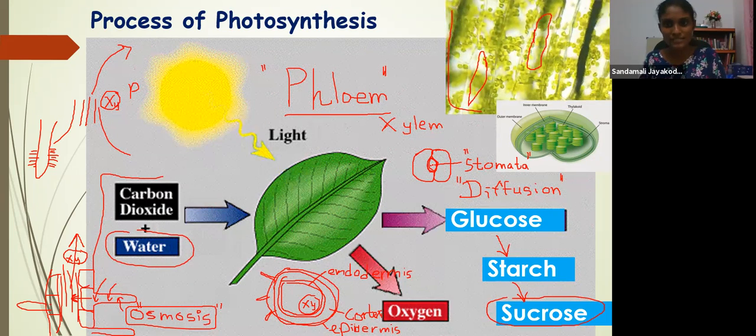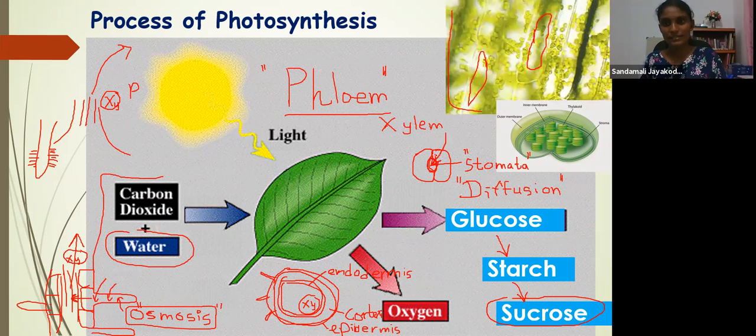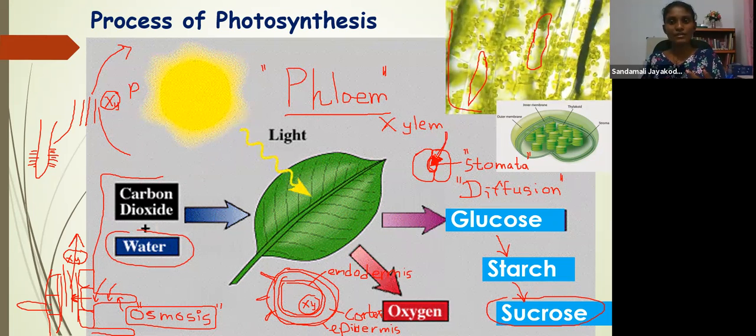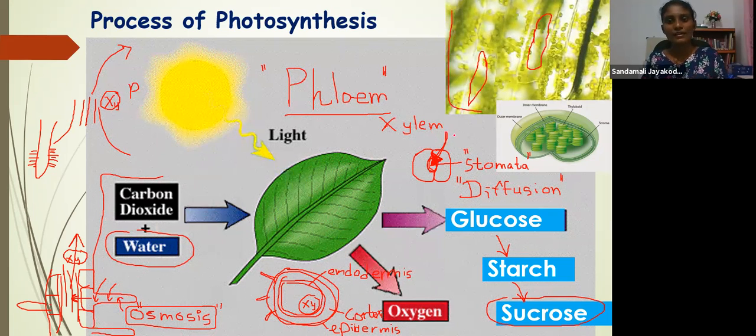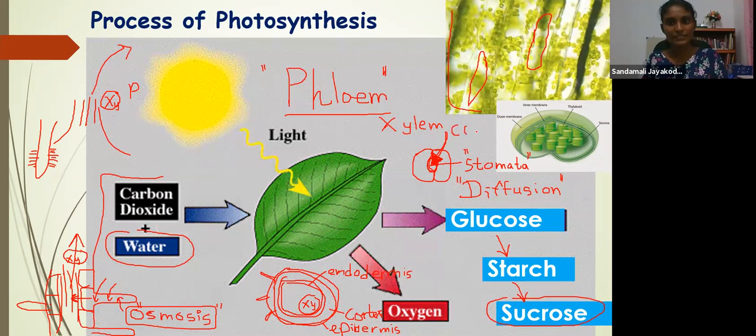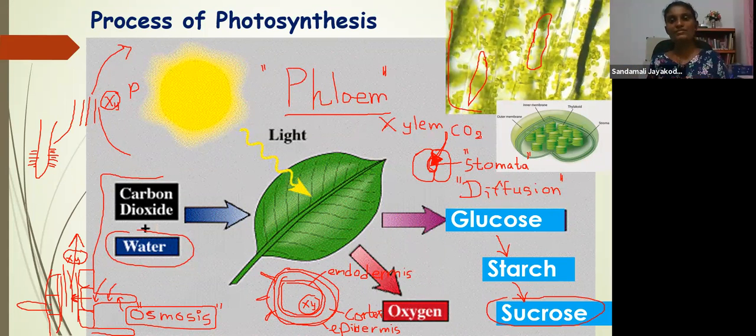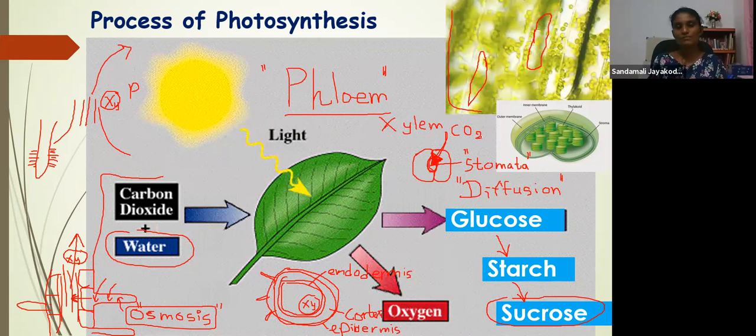Carbon dioxide gas enters the inside area of the plant leaf through stomata, through this pore, and this is the arrow. And then they are entering into the middle area of the plant leaf. When we take a cross section, they are entering into the middle area. So this area is named mesophyll cells.